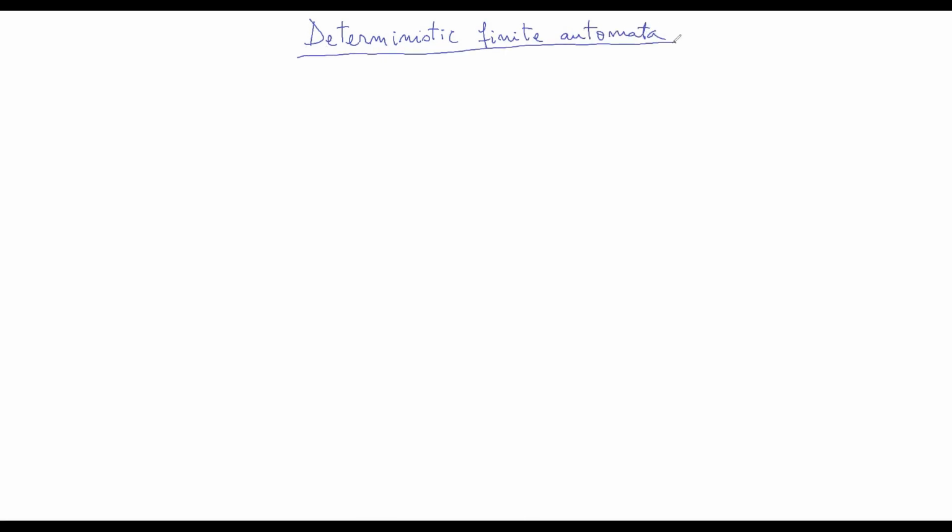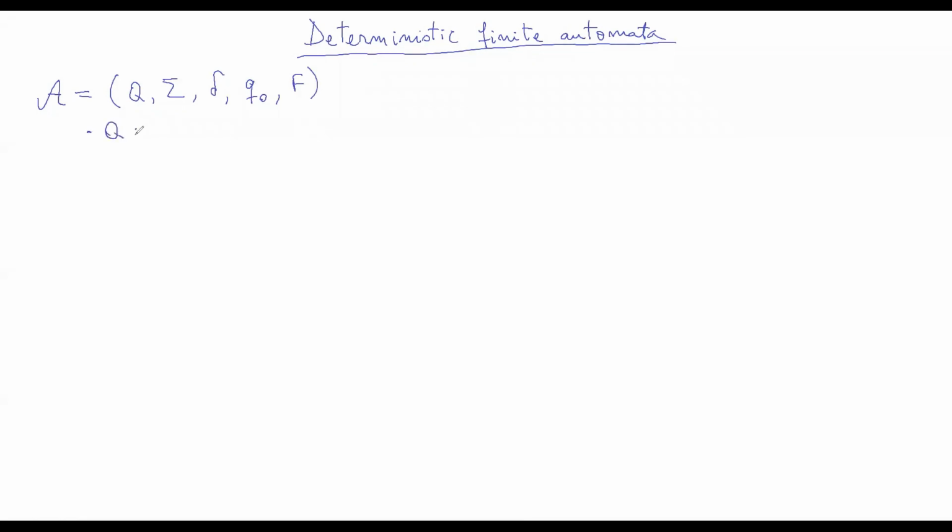A deterministic finite automaton is a construct like this. It has several components. I'm writing them down and then I explain what each one of them is. It's made of Q, sigma, delta, Q0, and F. And the meaning of all of these components is the following.